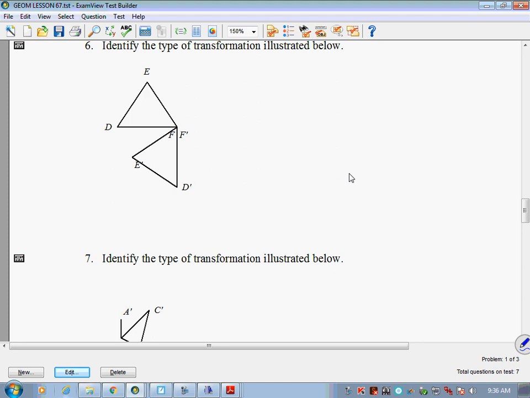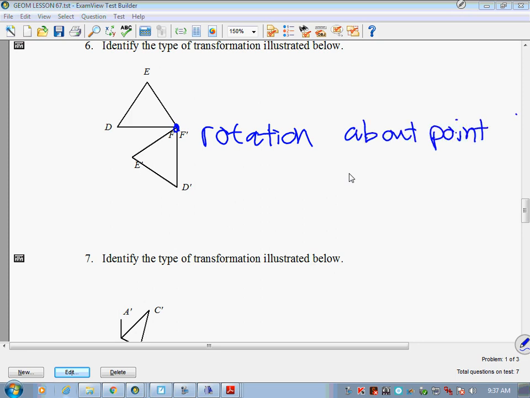Let's see. Caleb, what type of transformation is being done here on 6? What's that? Rotation. Okay, so we have a rotation. All right, what is the point of rotation? Do you know? Okay, so we would say rotation about point F. Okay, do you know the direction of rotation?